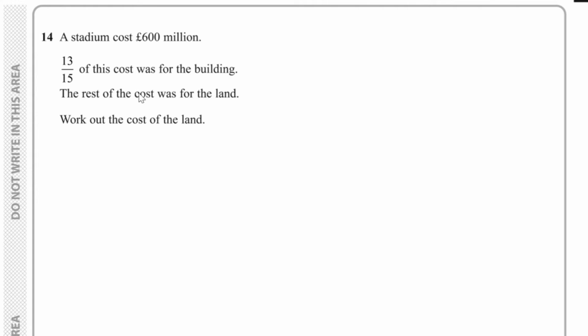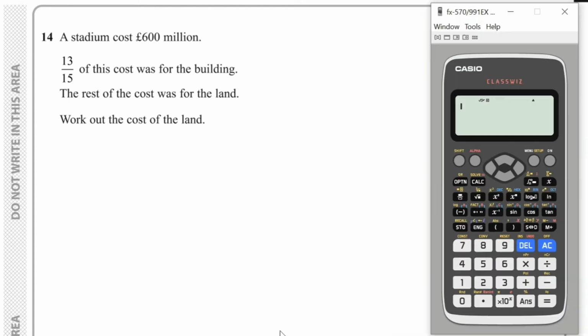Question number 14. A stadium costs £600 million. 13/15 of this cost was for the building. The rest of the cost was for the land. We have to work out the cost of the land. Well, the fraction of land, that will be 1 subtract 13/15, which is 2/15.